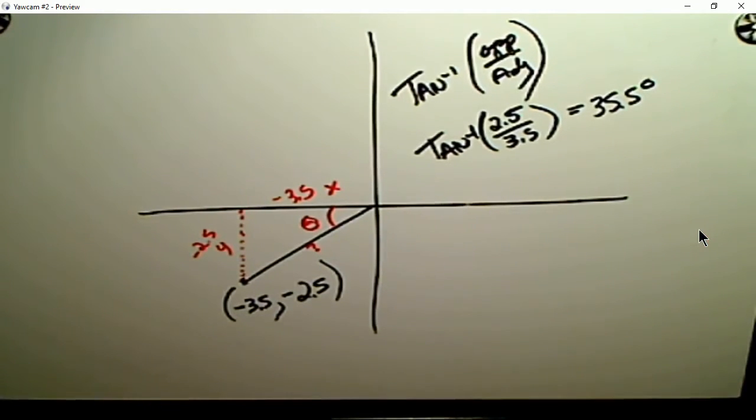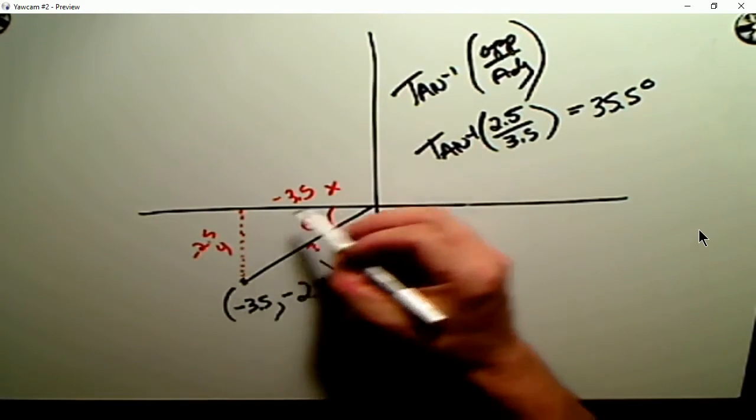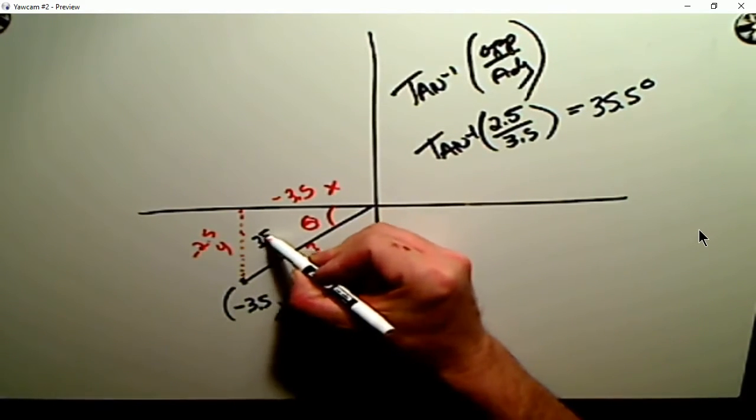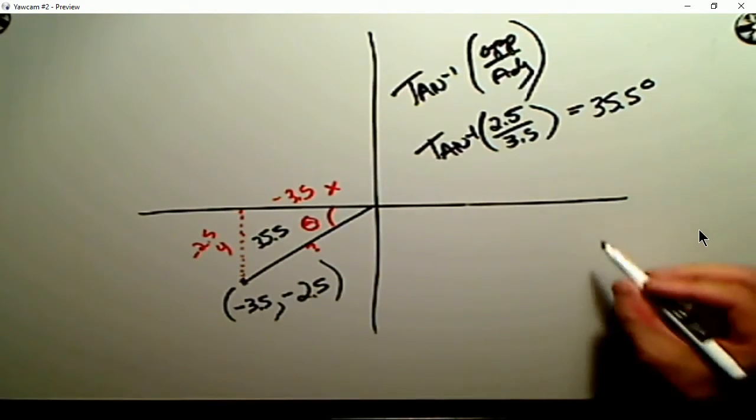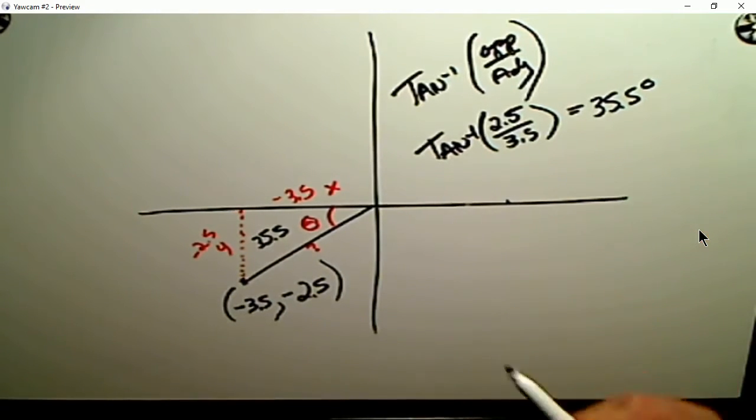Now, given that, this being 35.5 degrees, polar, we take it from the positive x-axis.